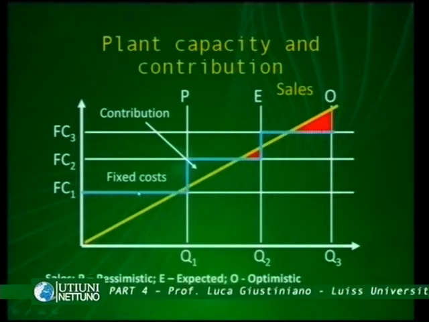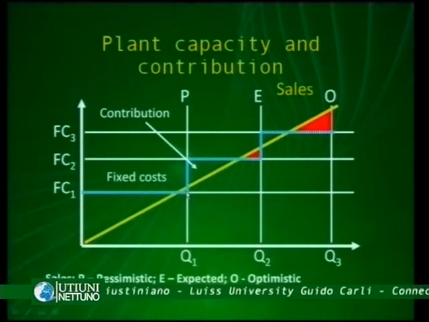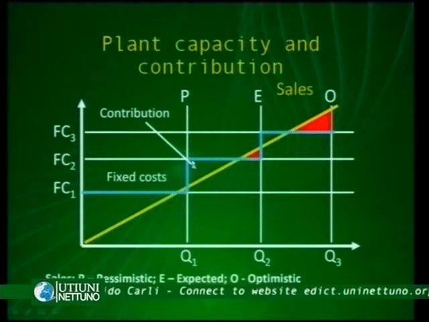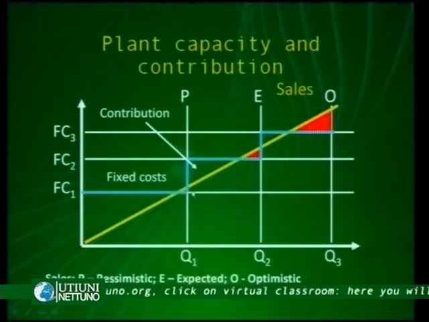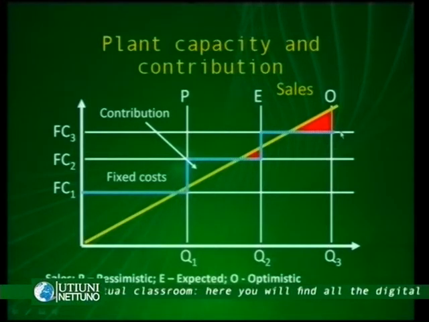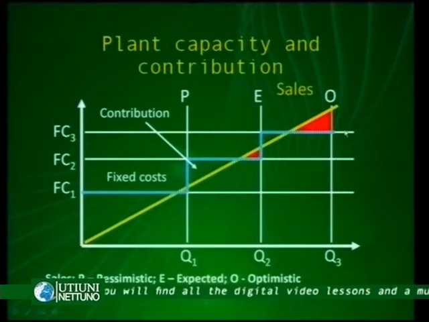So for Q1 we might refer to this level of fixed cost. If we install a bigger plant, we might have an additional capacity which is more expensive for the company. So this level of fixed cost number 2 is higher than fixed cost number 1. And fixed cost number 3 here is even higher. So we have this kind of ladder here scaling up the fixed costs.